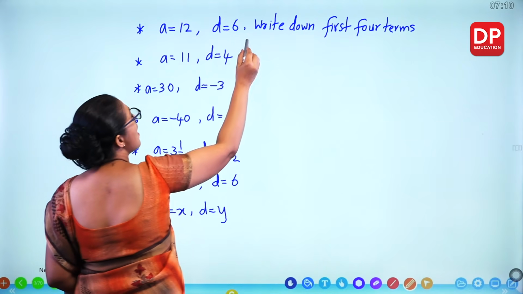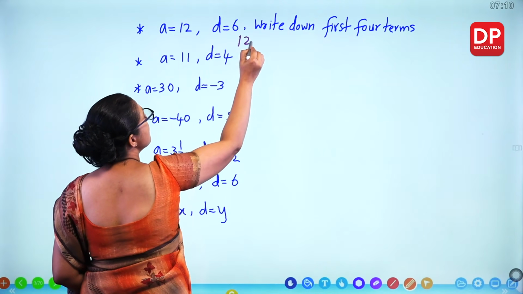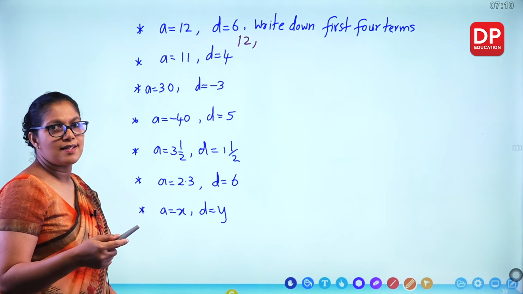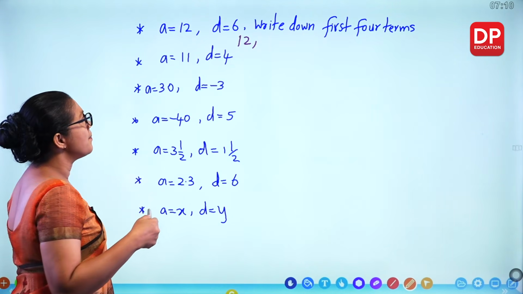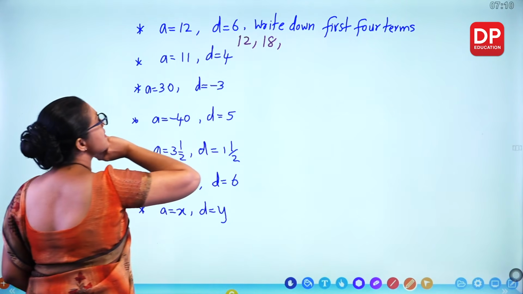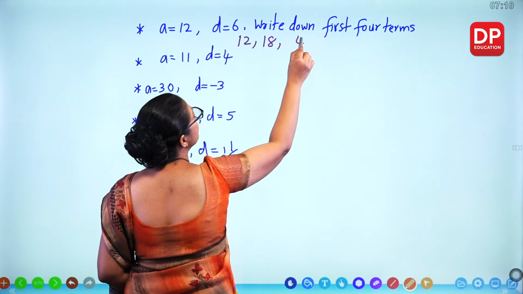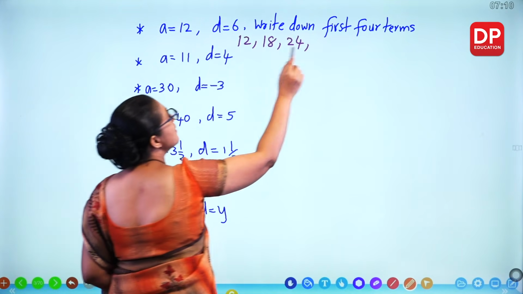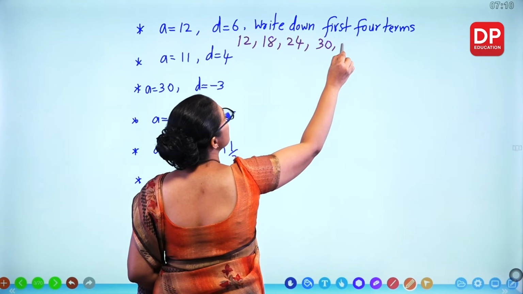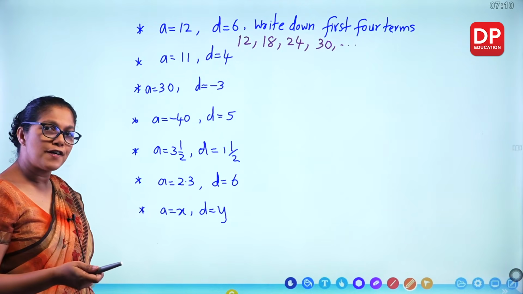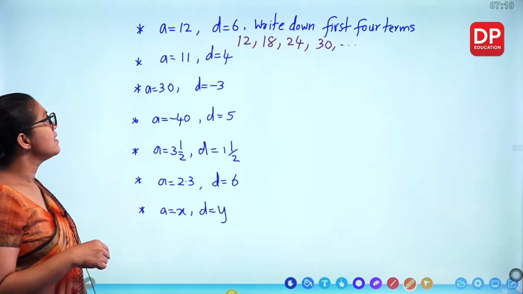We start with the first term, and here d equals 6 means adding 6 to each term. 6 plus 12, 18. 18 plus 6, 24. 24 plus 6, 30. So that's how we write down the terms if you know the first term and the common difference.